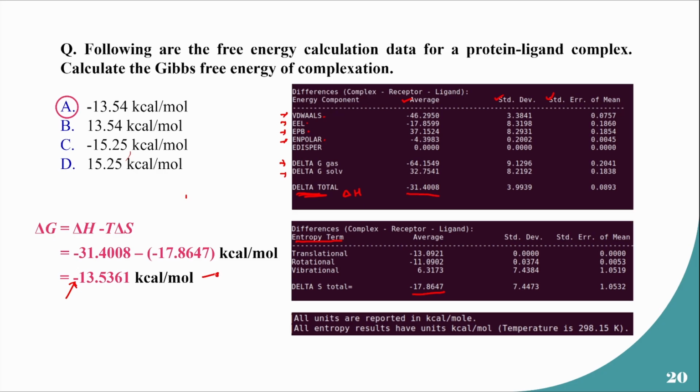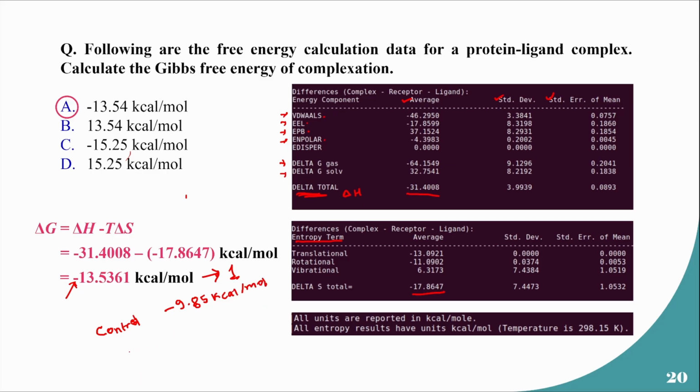Let's say this was our compound 1, right? Let's say we had a control compound or a control ligand, which we use to compare our novel drug molecules, right? So let's say the control's calculated binding free energy value was something like this. Let's say minus 9.85.